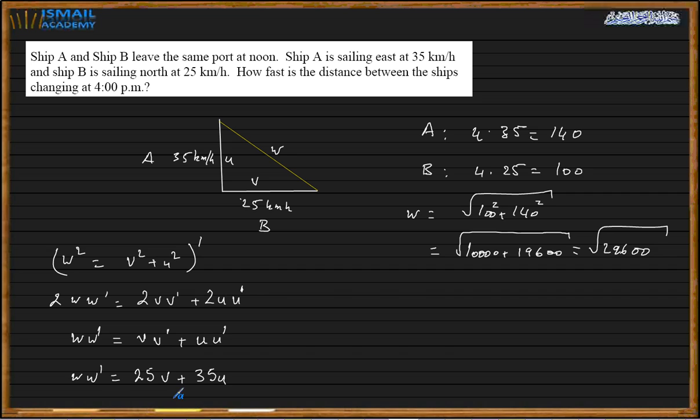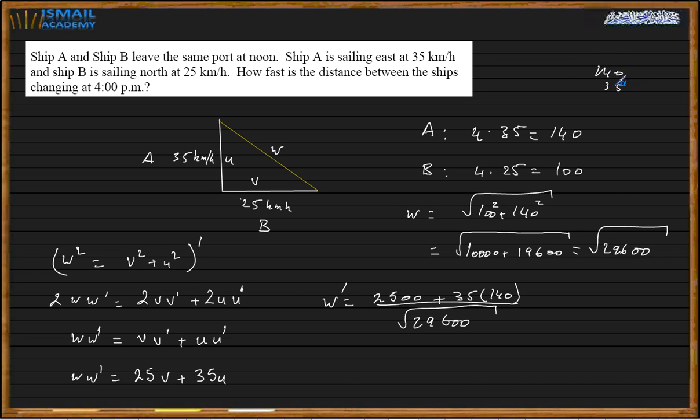So here I find out what W prime is. W prime is 25 times v, which is 100, so 2500, plus 35 times 140, over W. So this is W prime, over the square root of 29,600.